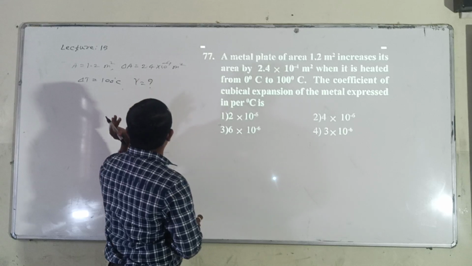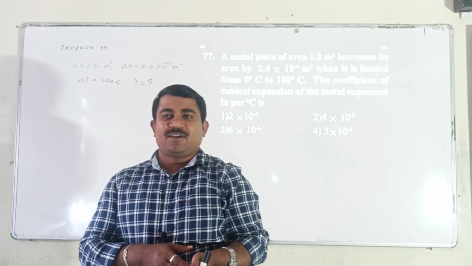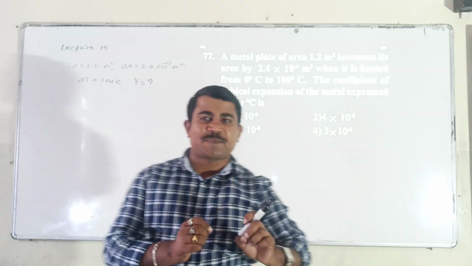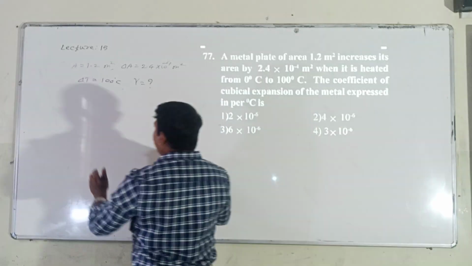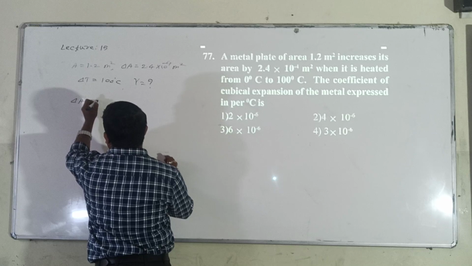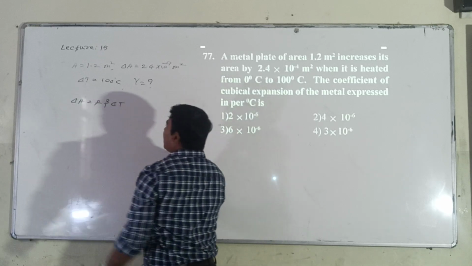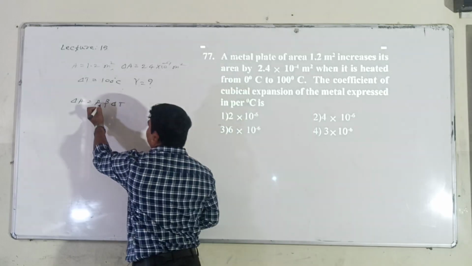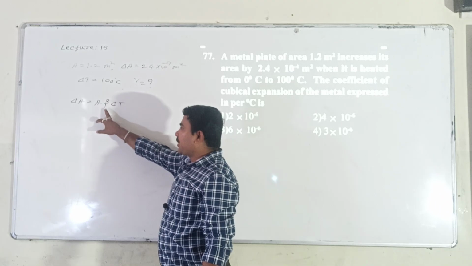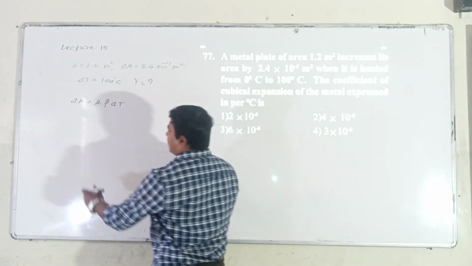We know the areal expansion of the material can be given as delta A equals A beta delta T. Change in area is equal to original area times change in temperature times a constant.